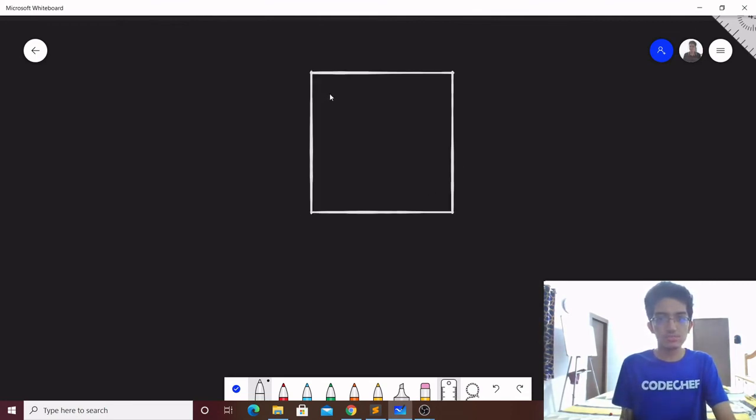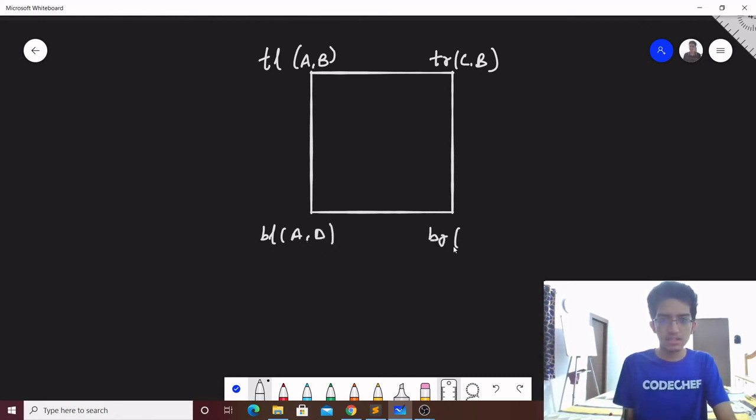Okay, and if this was top left, that is a comma b, this was top right, c comma b, this was bottom left, a comma d, and this was bottom right, c comma d. Okay, so let's look at the case of horizontal arrows, right? So which snake will protect this?